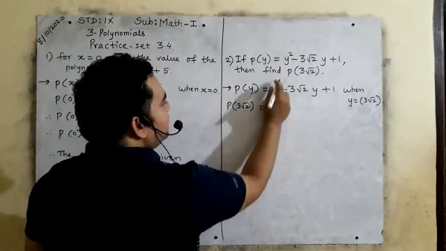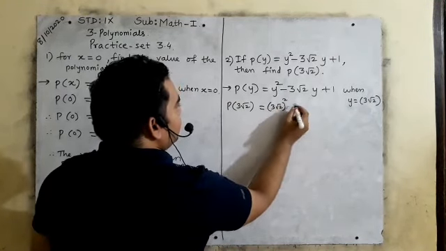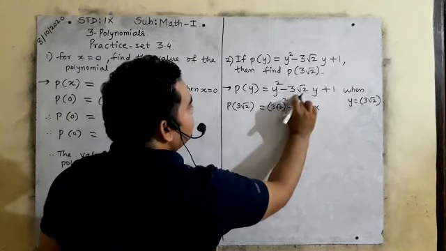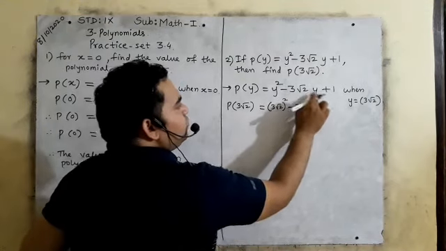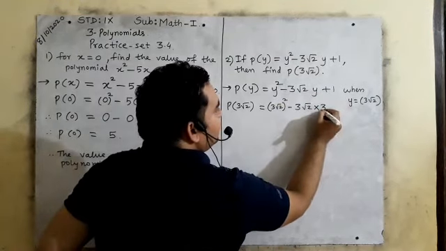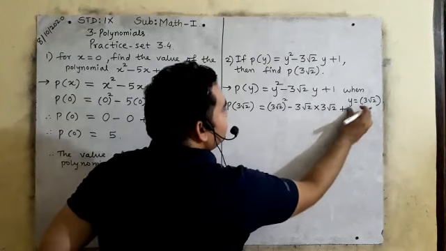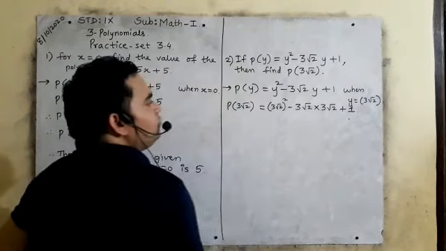So y square means (3 root 2) bracket square, minus 3 root 2 multiplied by y. Here is nothing, means here it is multiplication. 3 root 2 multiplied by y. Y value is 3 root 2, plus 1. Is it clear? This is plus 1.